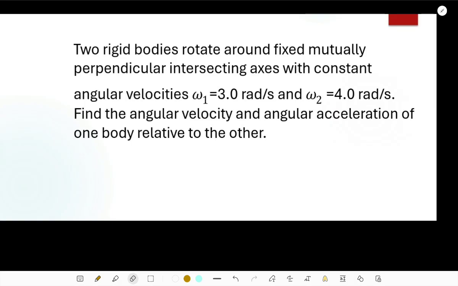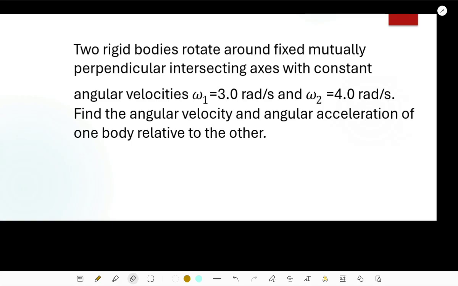The problem is: two rigid bodies rotate around fixed, mutually perpendicular intersecting axes. You can draw a diagram in your mind with constant angular velocities omega 1 and omega 2. So they both are rotating frames of reference, rotating with constant angular velocities on mutually perpendicular axes.